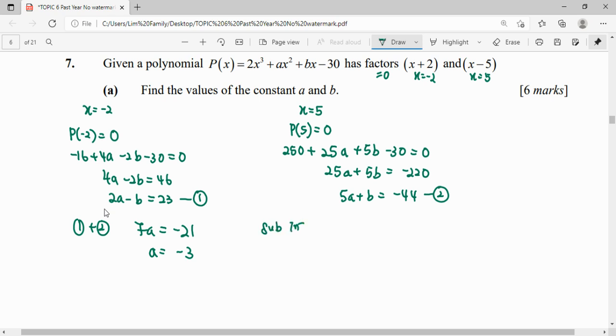Substitute into either one of the equations. I substitute into 1. So our b here will be equal to negative 29.